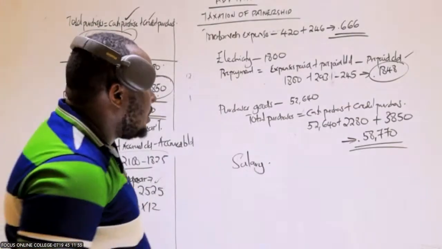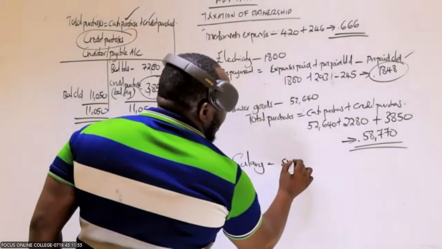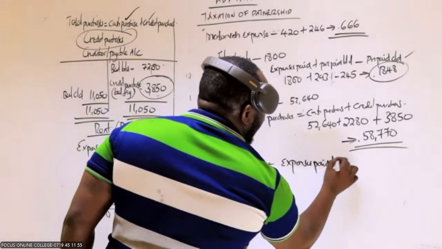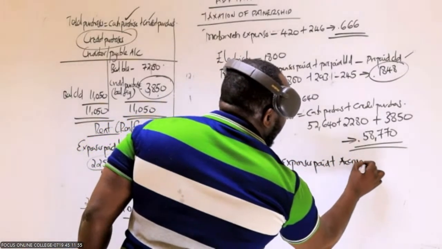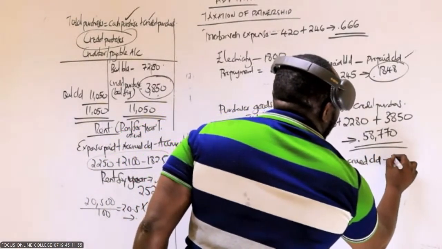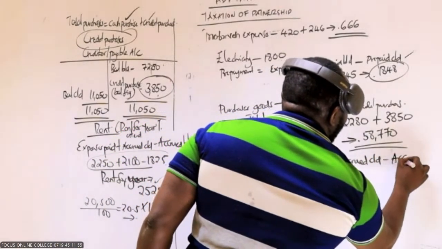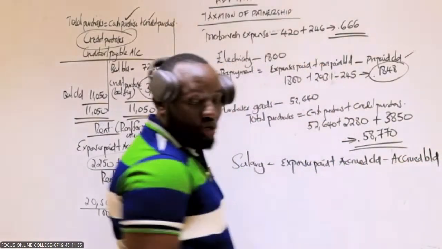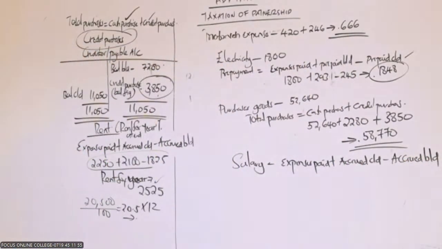There's accrual. So I understand that we have expenses paid plus accrued carried down, minus the accrued brought down.